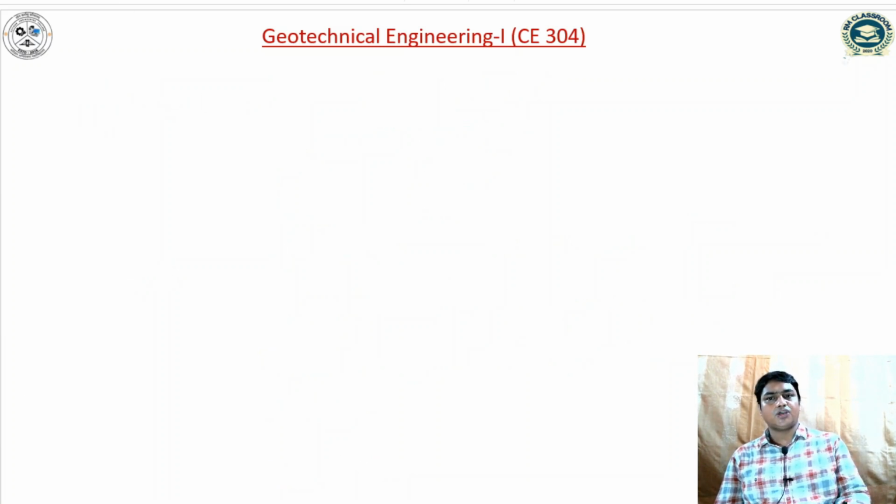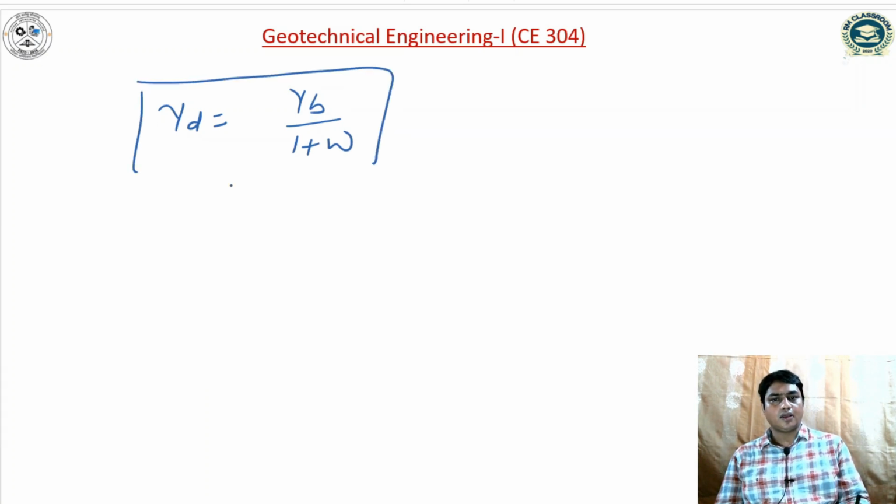Once you compute the moisture content, we know the relationship gamma D is equal to gamma B divided by 1 plus W. So dry density can be computed. So these things we have to compute, bulk density, dry density and moisture content, with the help of this core cutter.